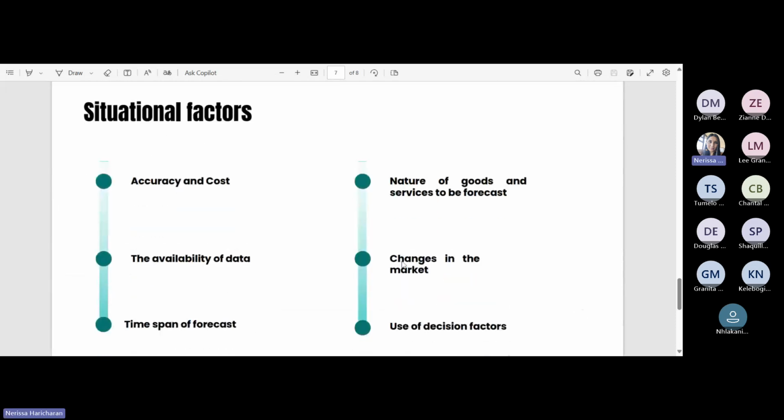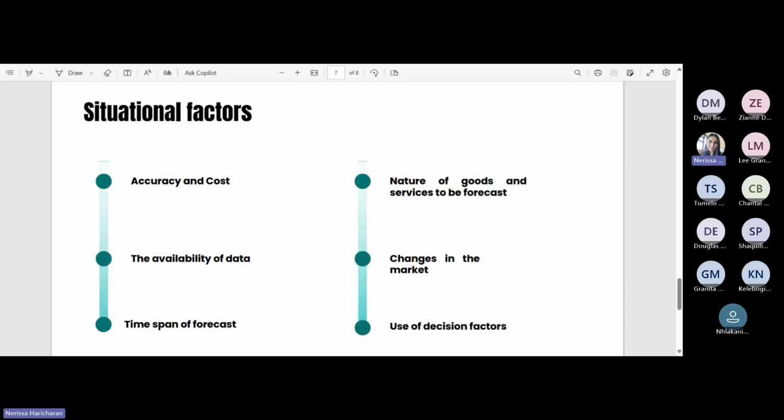Okay, we're almost at the end of this learning unit, and then we'll move on to the assignment. Then we want to go over some of your situational factors. A lot of times, a single forecast doesn't always work for every business and every situation.